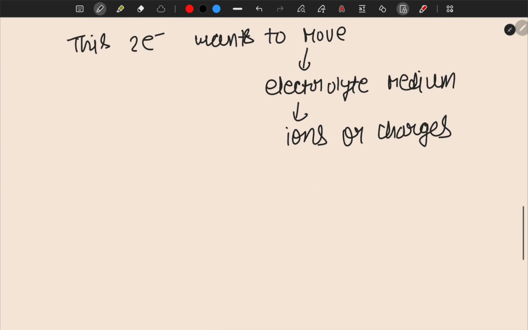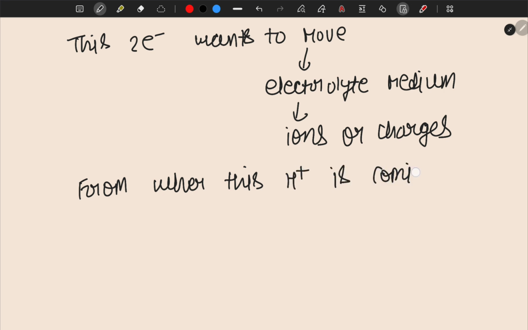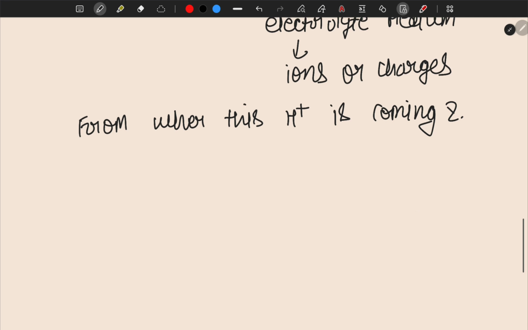But now the question comes, from where is this H+ coming? We know in our atmosphere CO2 is present. So what happens? H2O reacts with CO2 to form H2CO3. Now you will ask why they are reacting. Why does anything react? To make a more stable compound.